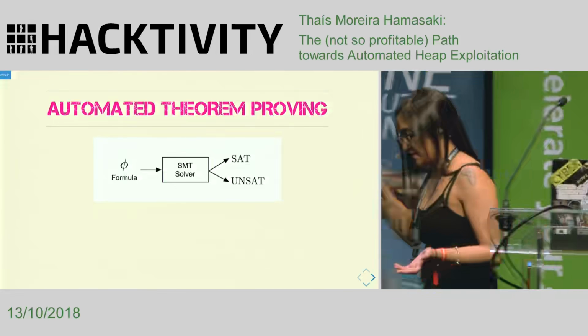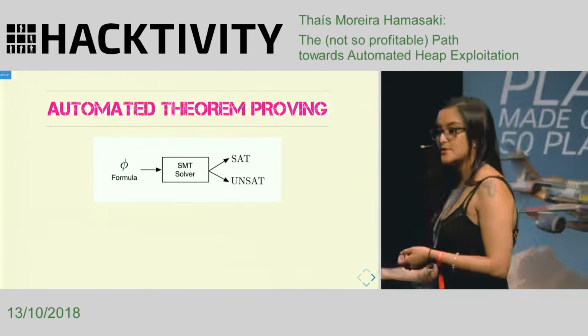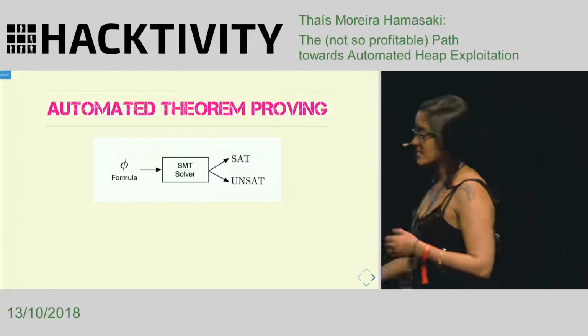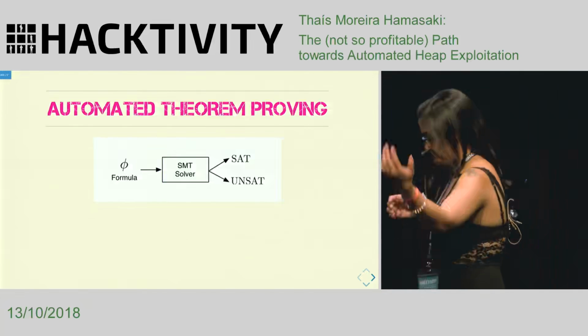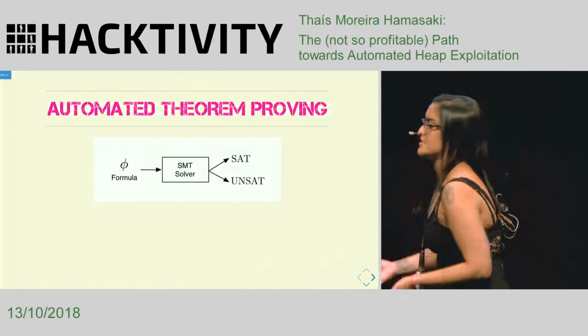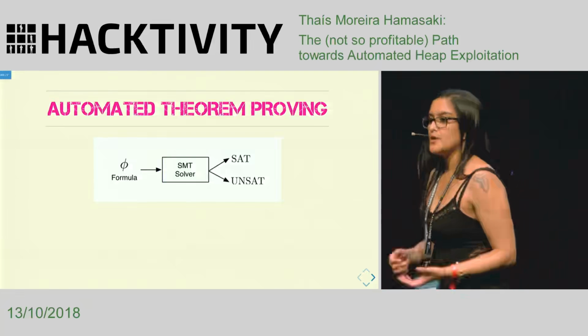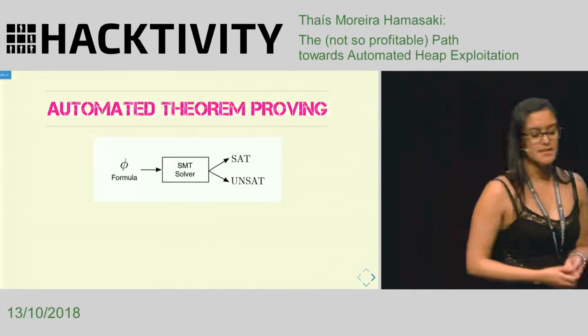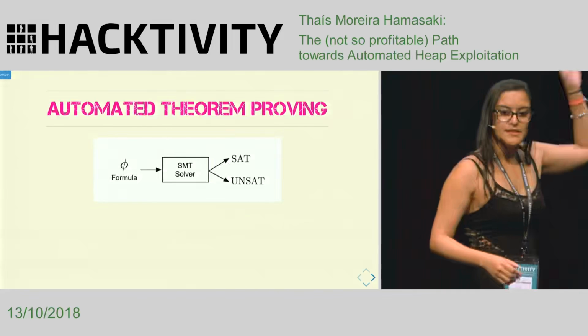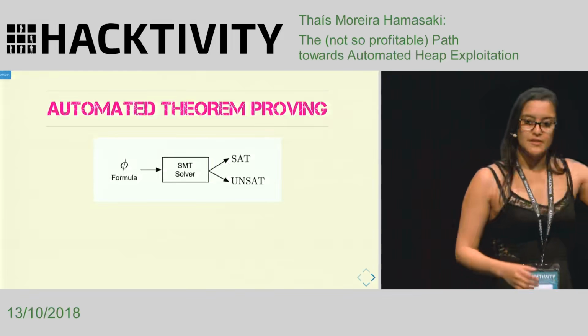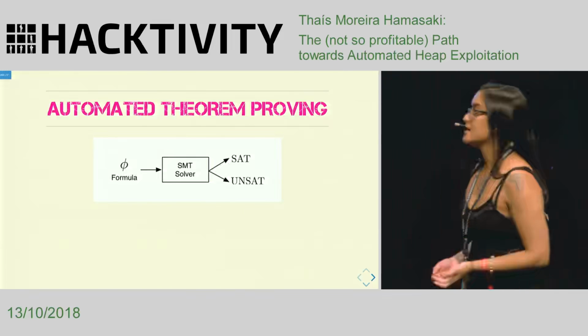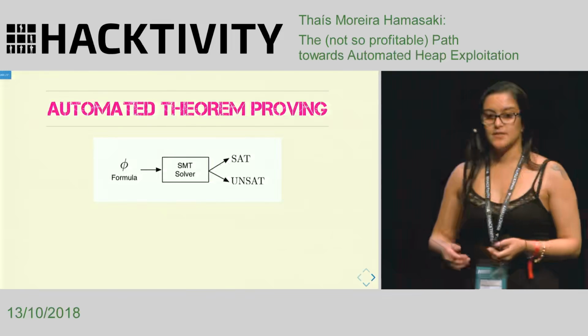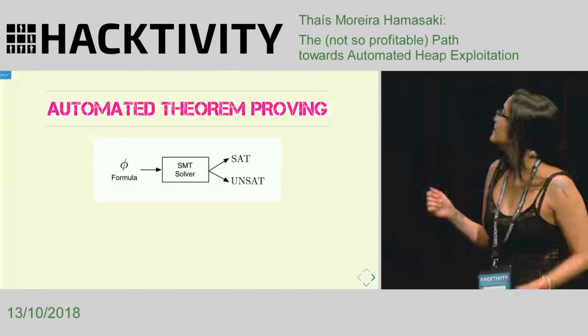As I said before, the formula is your problem. The constraints that you have, like I have so many cores and so much memory and so much storage, and I want to solve this problem, and my solution should look like that. And everything will be inside this box. It will look at the bigger picture, reason about that, and then say to you, can I do it or not?